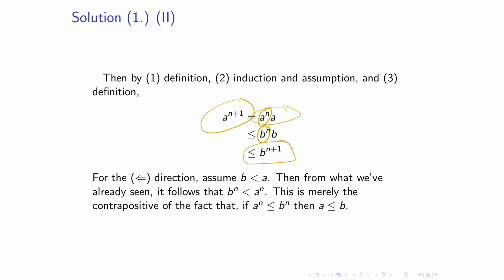So we can exchange them and get an inequality. Also, by the assumption for this left to right direction, a is less than or equal to b. So if we exchange those, we get another inequality. And so we arrive at b to the n times b, with the inequality pointing in this direction.